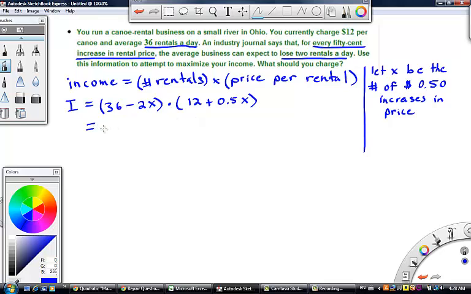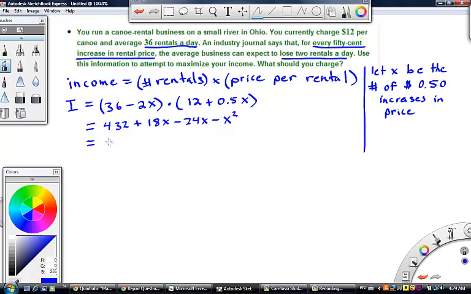What we're going to do now is multiply these out, these two binomials. So 36 times 12. That's 144 times 3, that's going to be 432, plus 18x minus 24x minus x squared.